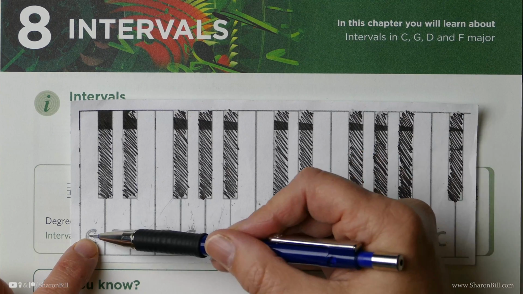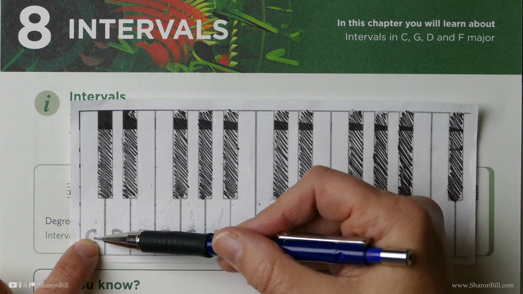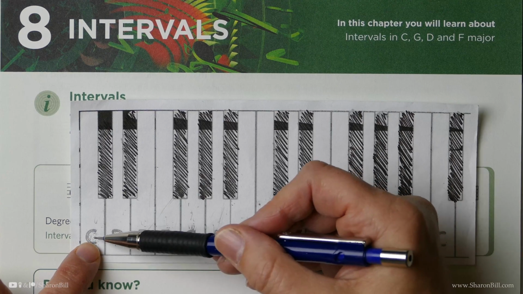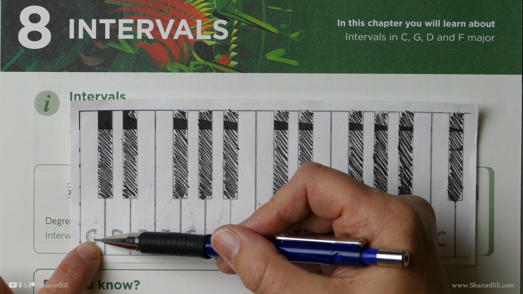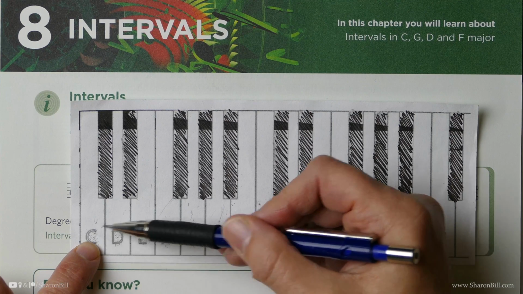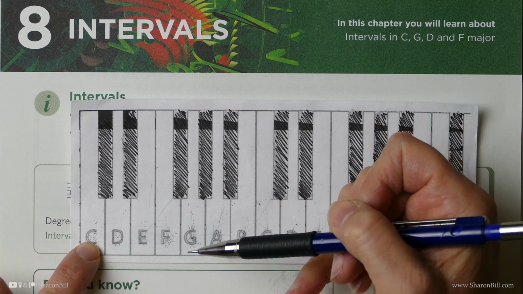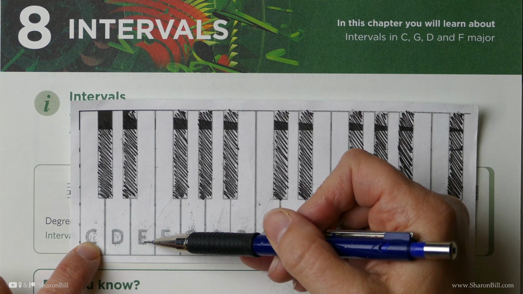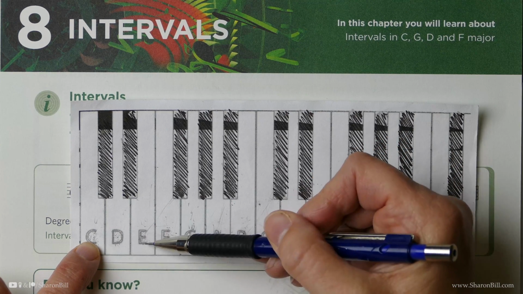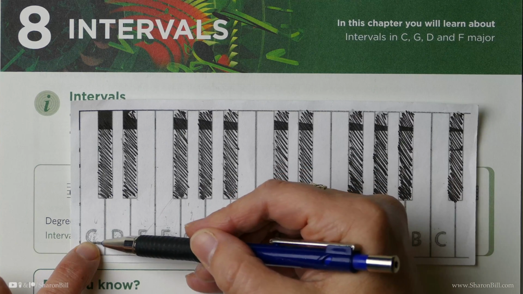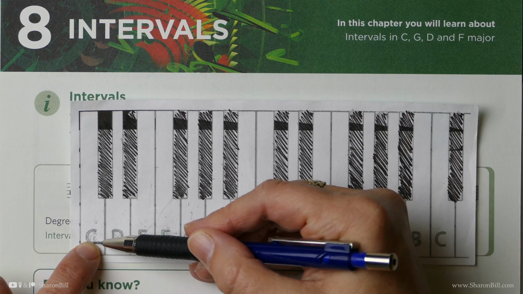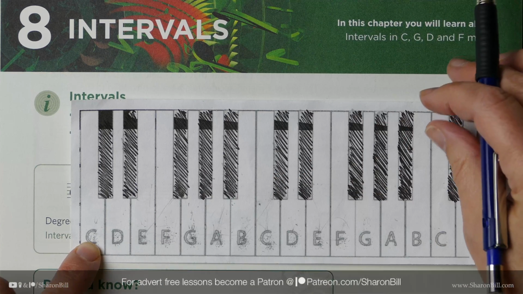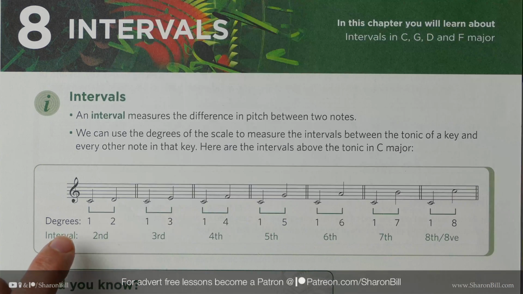So C to E, 1, 2, 3 is a third. And if you go wrong and forget to count step 1 for the tonic, you'd go 1, 2, and you'd be a degree out, naming the distance of the interval incorrectly. So always remember to count the bottom note, the bottom degree, as 1, and then we're counting the distance between that and the next named note.